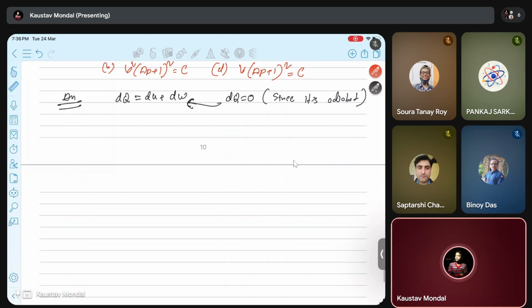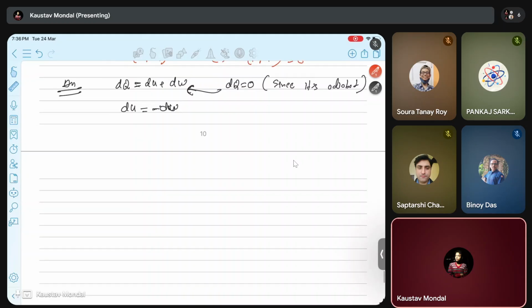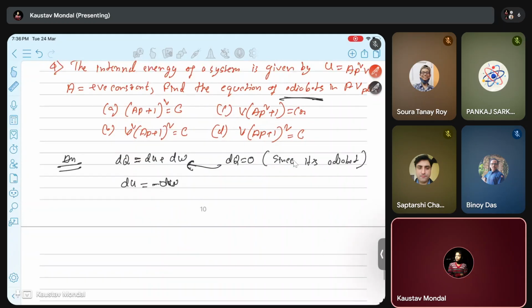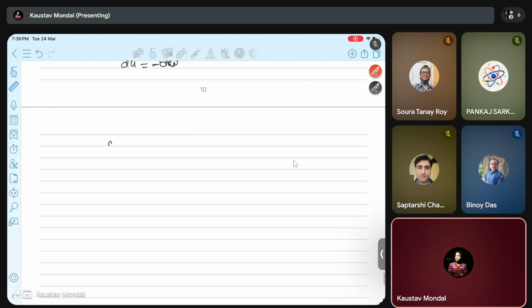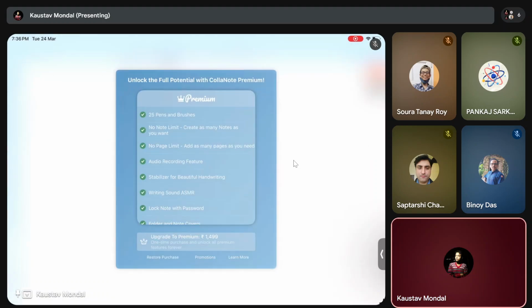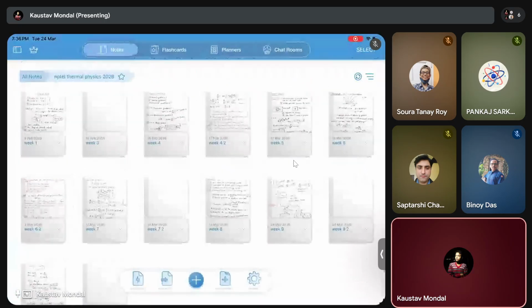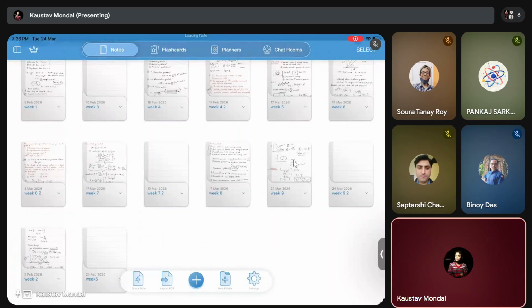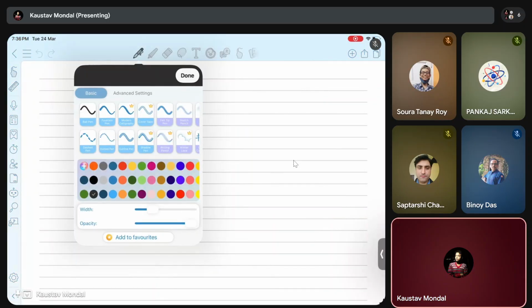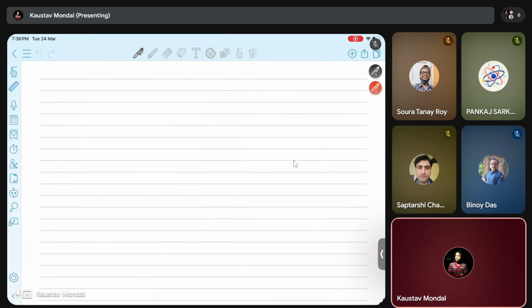So we are left with du equal to minus dw. Now for du, the expression is given, u equal to a p square v. So du equal to minus dw, and dw is p dv.